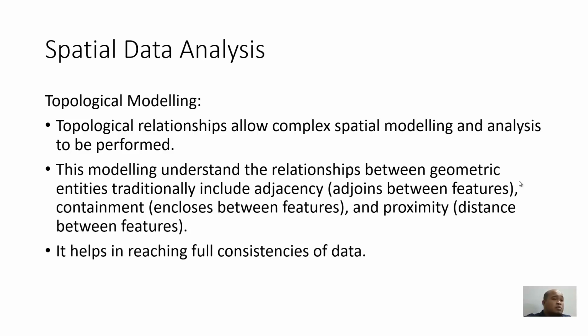So as mentioned before, in the consistency data quality, right? Where I showed you the shortest path, the data is said to be inconsistent if there are many lines that are actually not connected one to another. There are many roads in the system that are not connected one to another. So topological modeling can help with that.